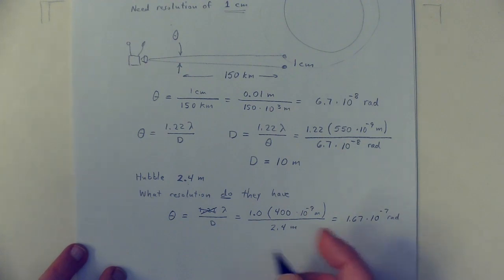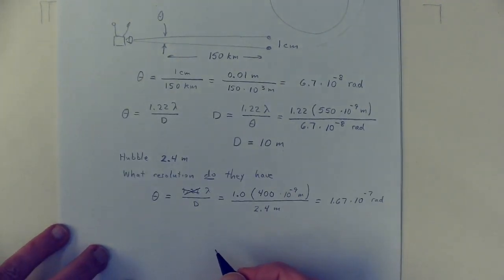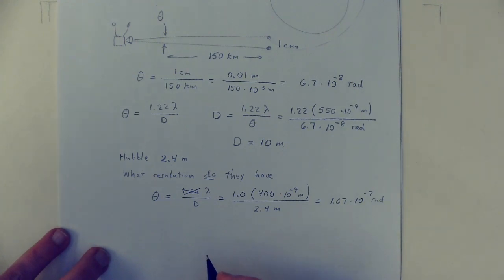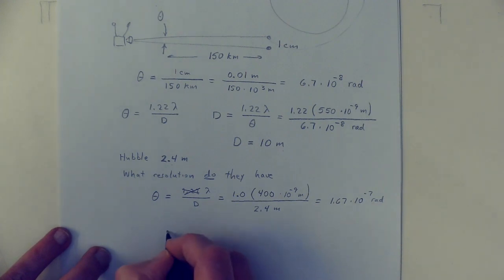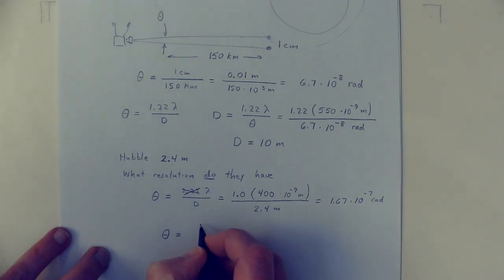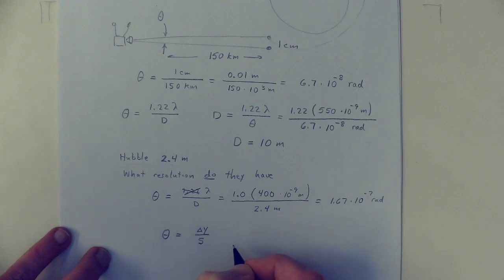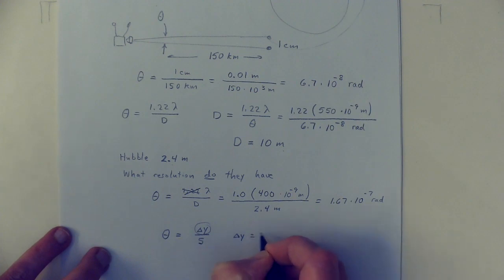And now if we look down, okay, what kind of resolution does that give you in terms of centimeters or inches or whatever down on the Earth? How small can things be that they can still see? So that's back to this other idea that theta is delta y over s, and we're interested in delta y. So delta y is going to be s times theta.